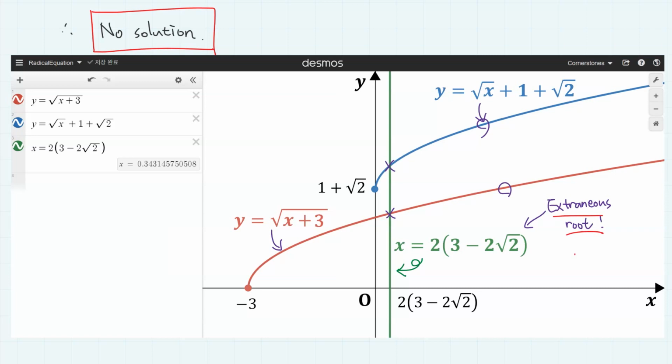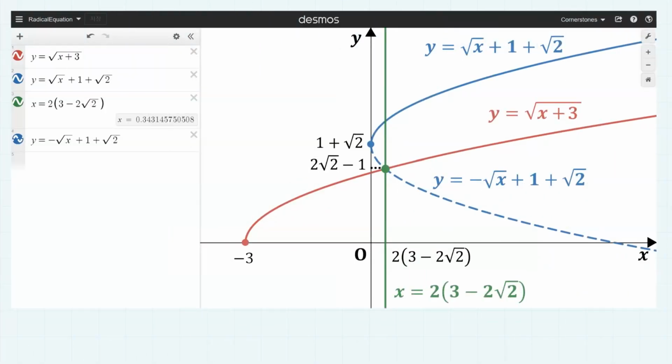But this raises another question. Why? And what is the origin of this extraneous root? Well, since we are currently dealing with graphs right now, I will provide the graphical insight first. Notice that if we draw this flipped graph, which is y equals minus square root of x plus 1 plus square root of 2, then you can see that the two curves meet at x equals 2 times (3 minus 2 square root of 2).